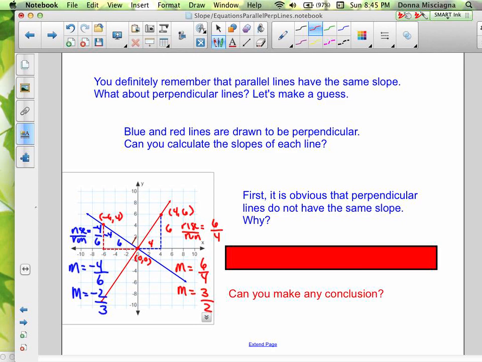So now let's look at our slopes. For the blue line, our slope is -2 thirds. For the red line, our slope is 3/2. We can see those are definitely not the same slope. And by the way, even before we found the slope, we know they're not the same slope, since perpendicular lines don't have the same slope. The blue line has a negative slope, goes down left to right.